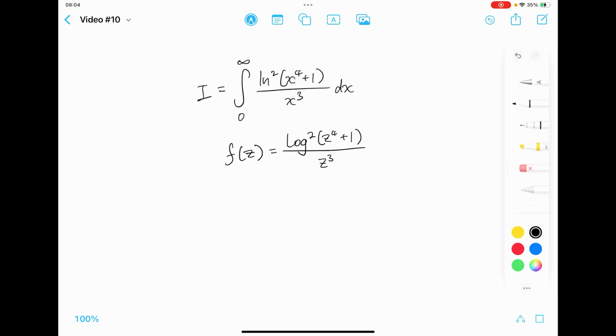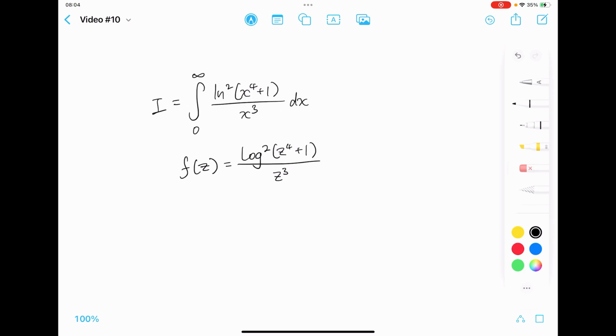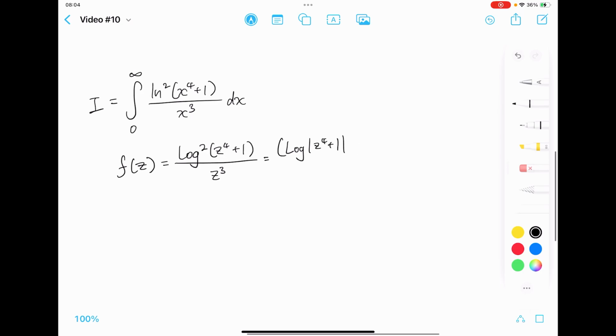That's our function that we're going to integrate over, and we can actually split the log up into its real and imaginary parts. So it's going to be the absolute value, that's going to be its real part, and the imaginary part's going to be the argument of whatever's inside it. So that's going to be our function.